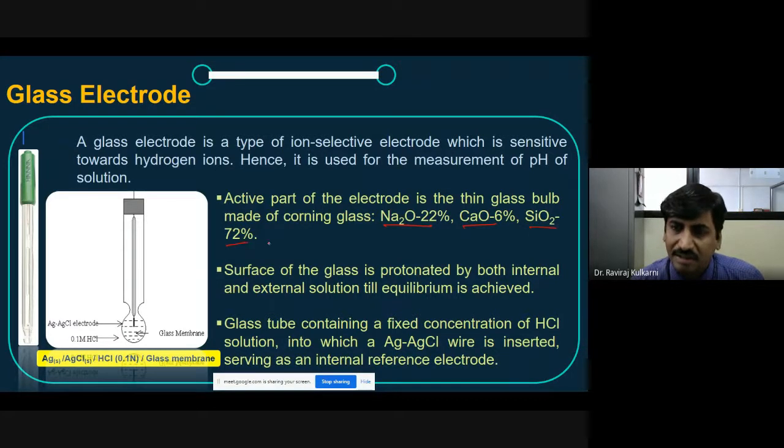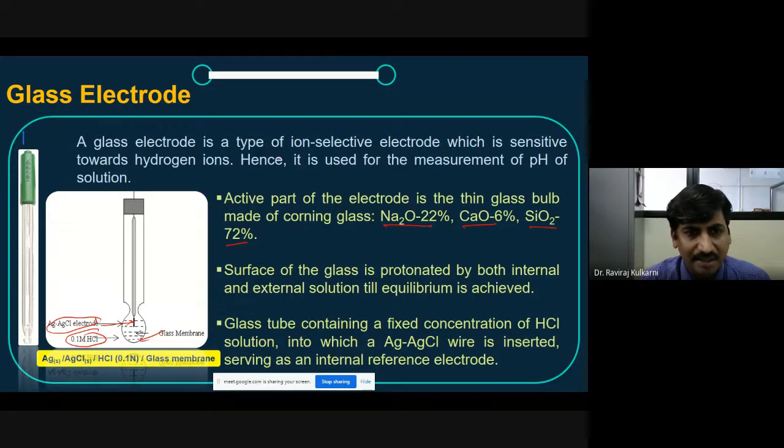Glasses are silicates, sodium silicate. In that it contains calcium oxide 6%. So it's a high conducting glass. Inside we use 0.1 N or 0.1 M HCl. This is a glass membrane, and inside we have the AgCl electrode. This is the construction.